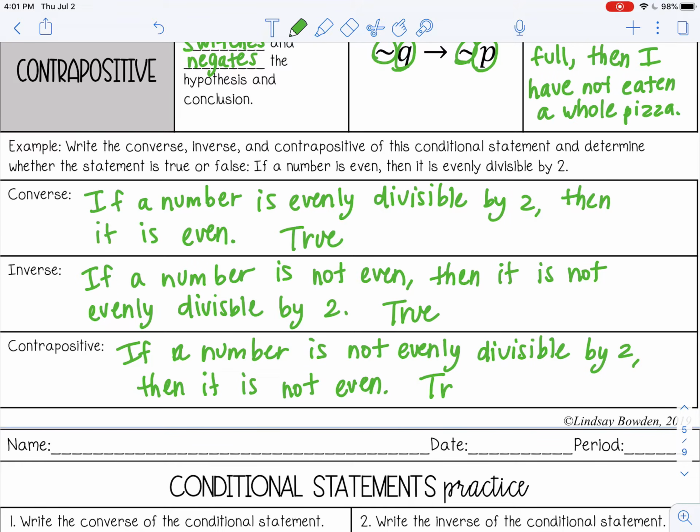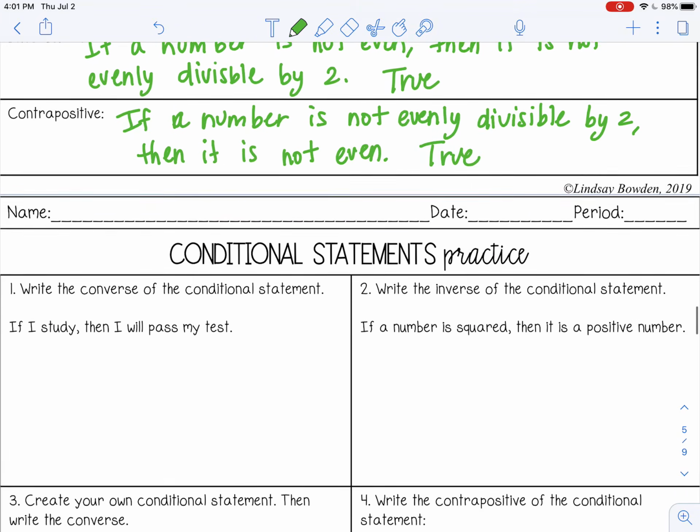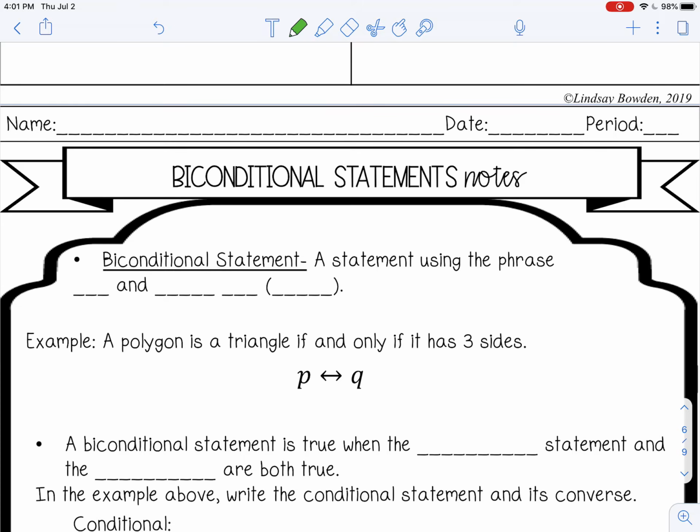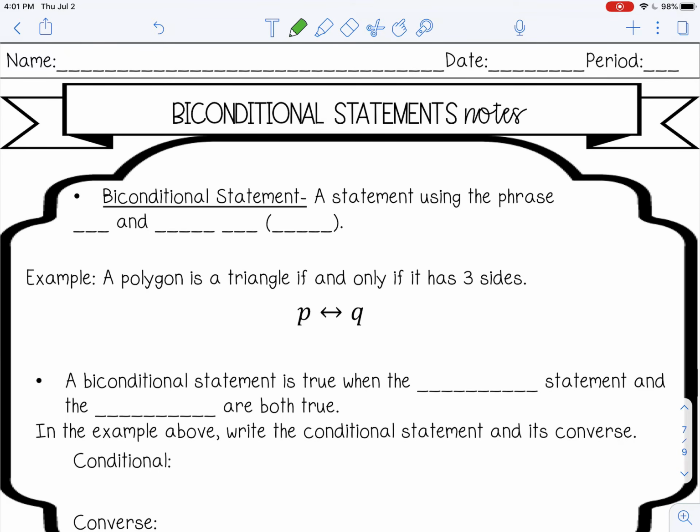And that is true because if a number is even, it will always be divisible by 2. Okay, so you can pause the video and do the practice pages now. Okay, so once you check your practice pages with your teacher, let's go ahead and move on to biconditional statements.